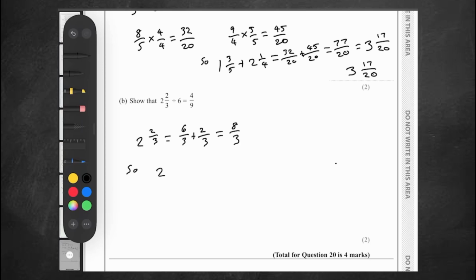So 2 and 2/3 divided by 6 equals 8 over 3 divided by 6, which is 8 over 18. And then if we divide the top and the bottom by 2, we're going to have 4 over 9, as required.